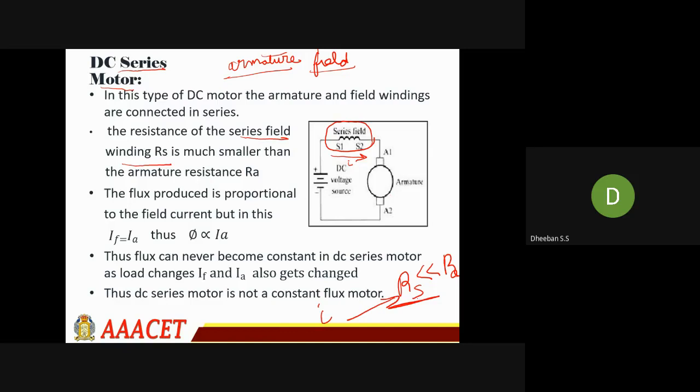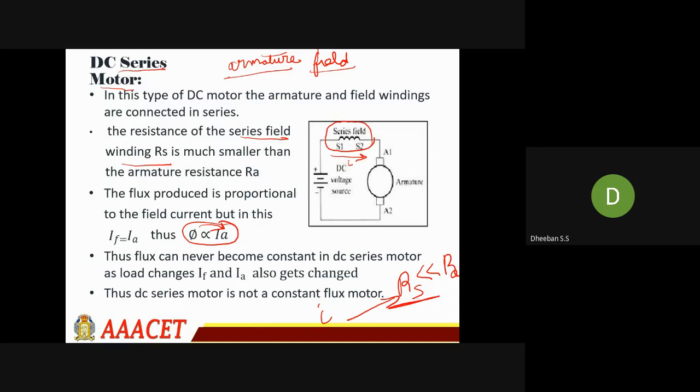So here the flux produced is proportional to that of the field current. So here phi will be directly proportional to IA. But in the case of your shunt motor, your phi was a constant. But over here, this will be directly proportional to your IA.